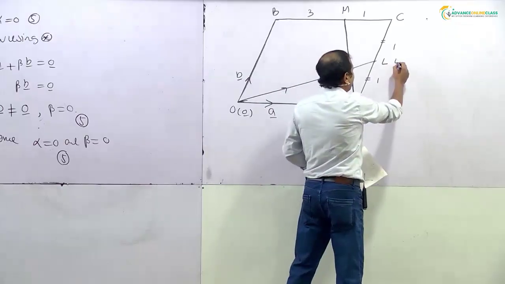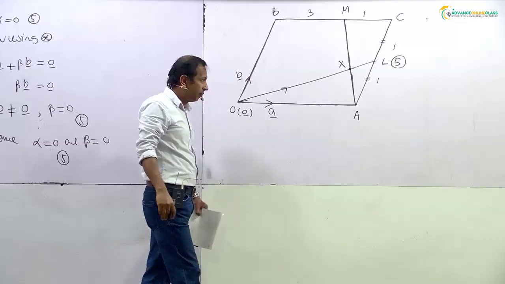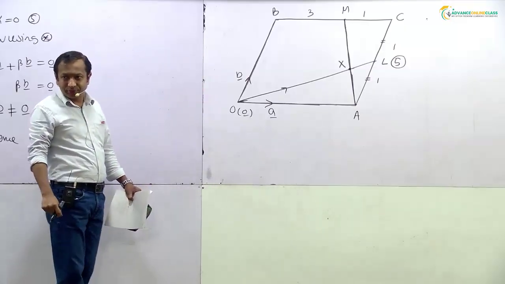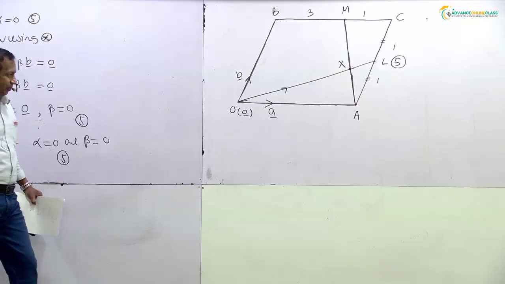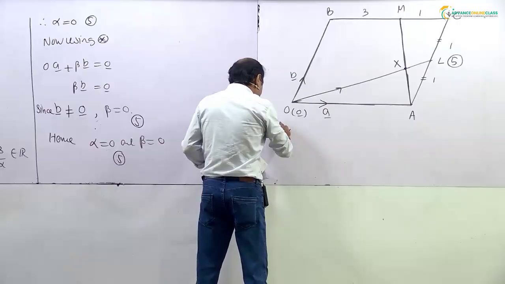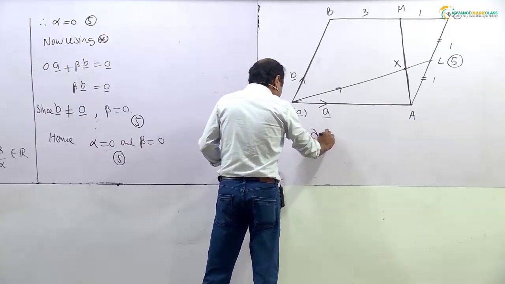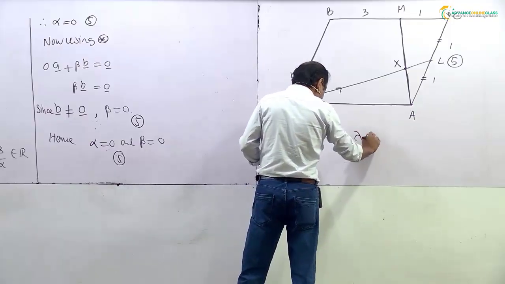People, 5 marks given. Maximum 10 marks usually we get for the diagram. OX vector, you can write lambda times OL vector. What's this? Lambda is a real number, correct?